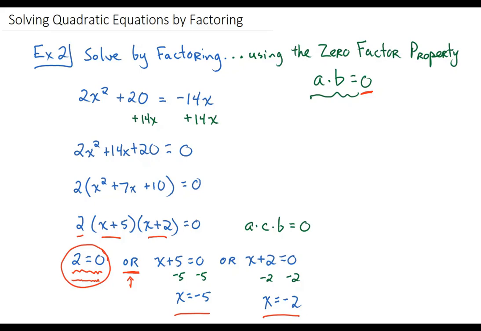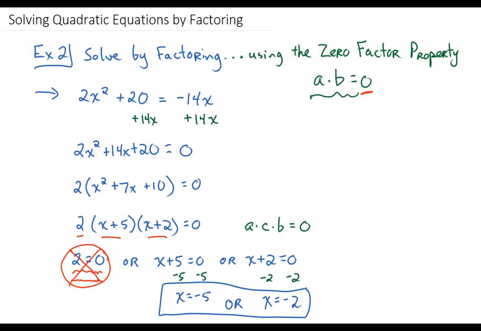Or gives us options, and so we can throw that out because 2 does not equal 0. Only one of the 3 has to equal 0 for our zero factor property to hold true. So we'll throw out the one that's nonsense, but I'll keep both of the other 2. So x equals negative 5 or x equals negative 2. And those give me values that I can plug into the variables in my original equation to produce a true statement.